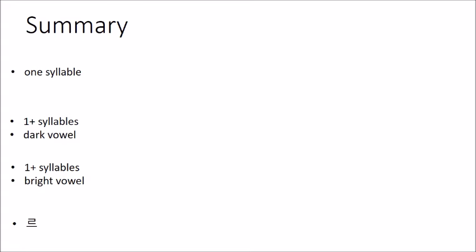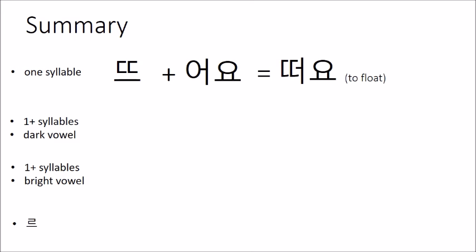For one syllable, for example, 뜨다, we apply 어요 to get 떠요. Here, we are deleting the ending vowel. For more than one syllable, starting with a dark vowel in the first syllable, we have 예쁘다.